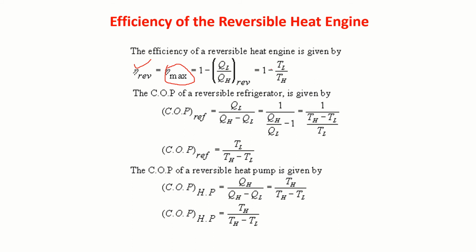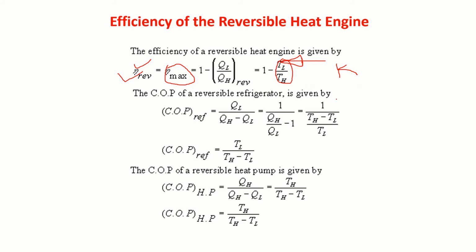For a reversible engine, QL by QH is also equal to TL by TH. So we can write the efficiency of a reversible engine as 1 minus TL by TH. Please remember we are using the symbol capital T, so always you have to express temperature in the absolute scale, in Kelvin.